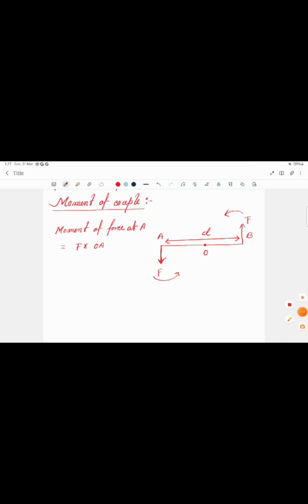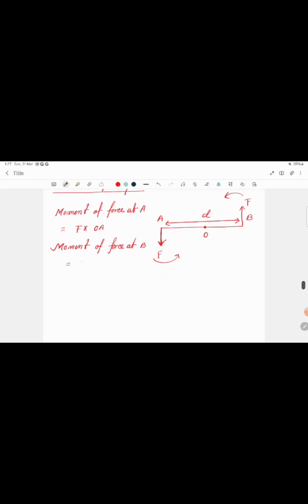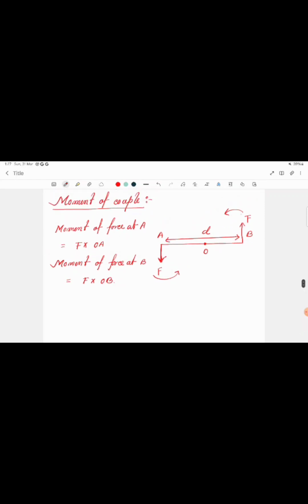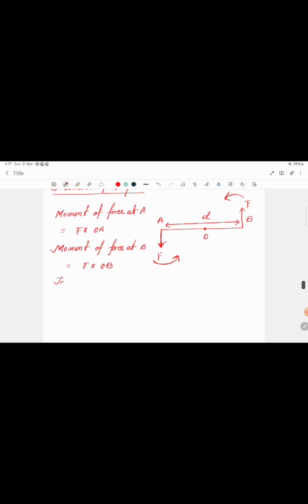Now if we calculate the moment of force at B, that should be equal to F into OB. Now what will be the total moment? Both are anti-clockwise moments, here also anti-clockwise, here also anti-clockwise.